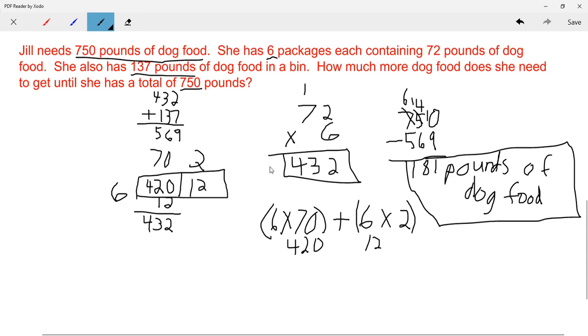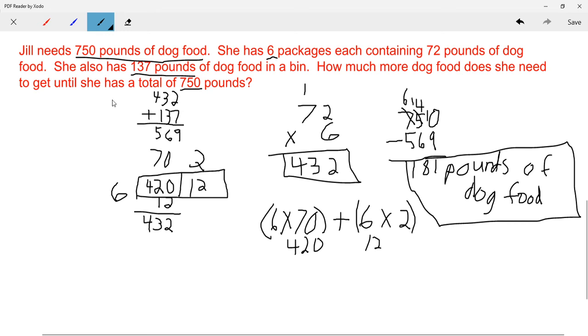So although people that would put 432 or 569 would be doing correct math, they weren't doing all of the math needed, so the answers would be wrong. So basically, even if you can do math perfectly, if you don't understand what the word problem is asking, you're not going to get the right answers.